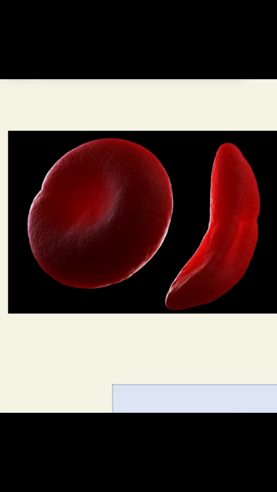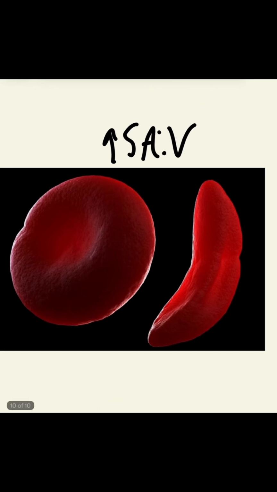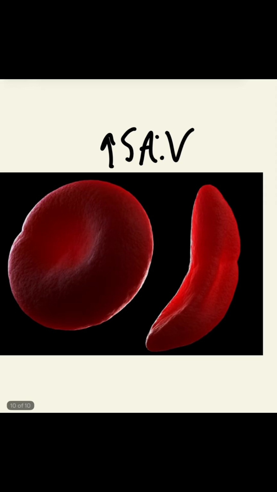Because they have this biconcave shape, it actually increases their surface area to volume ratio. So the higher that ratio is, so the higher the surface area is in relation to the volume, then it means that they have better oxygen diffusion for red blood cells.